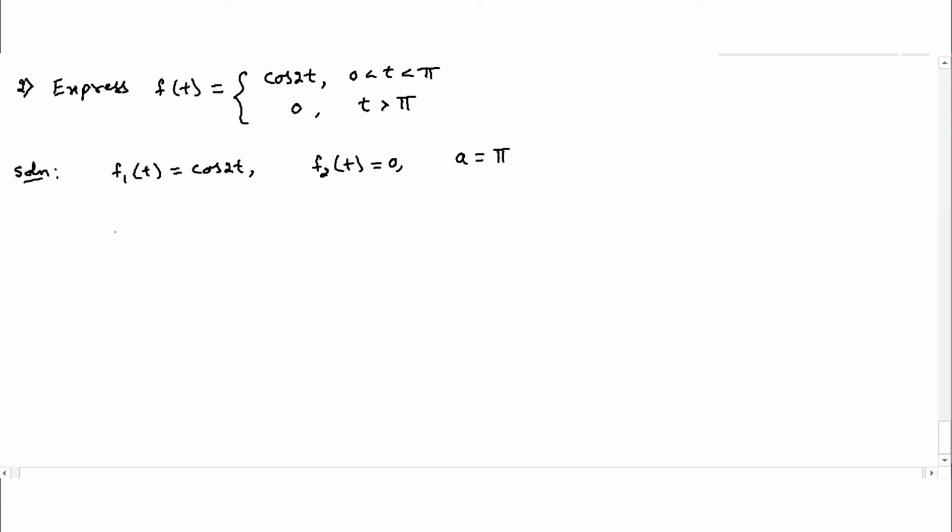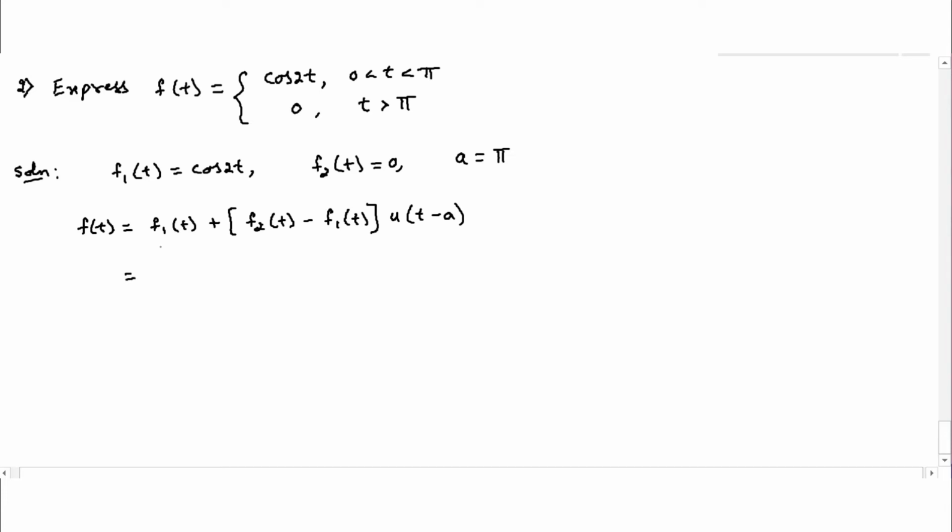So now if I try to rewrite this discontinuous function f of t, the formula that you have is f1 of t plus the second function minus the first function, that is f2 of t minus f1 of t, times u of t minus a.